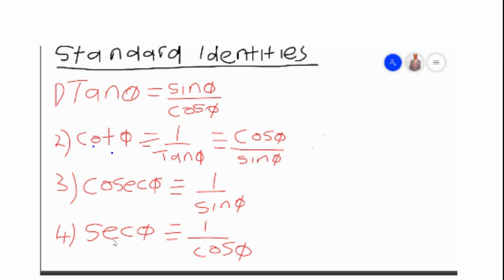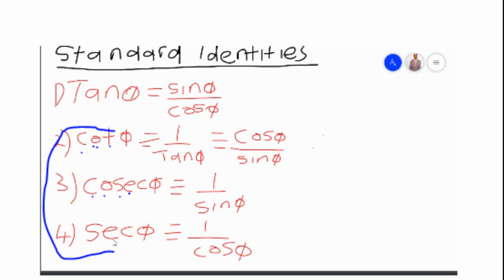To easily remember the last 3, the standard identities, let's say for example cotangent theta, I can count 3 letters starting from C. I say 1, 2, 3. Then T stands for tan. Now I can say 1 over tan theta. And also for cosecant, I can say 1, 2, 3.